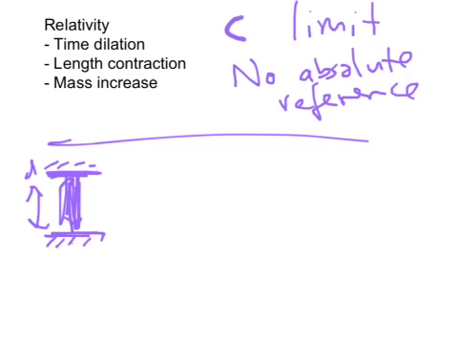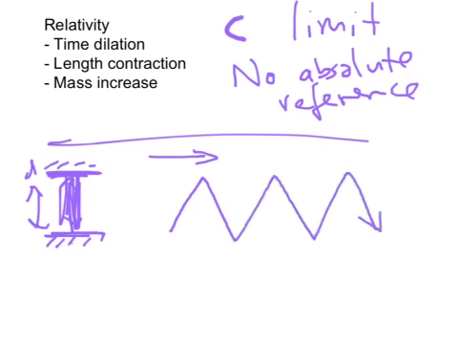Now if we move this clock to the side, taking this as a frame of reference to the background, the light beam would actually be doing a zigzag kind of pathway as it travelled, because we've added that horizontal velocity to it.